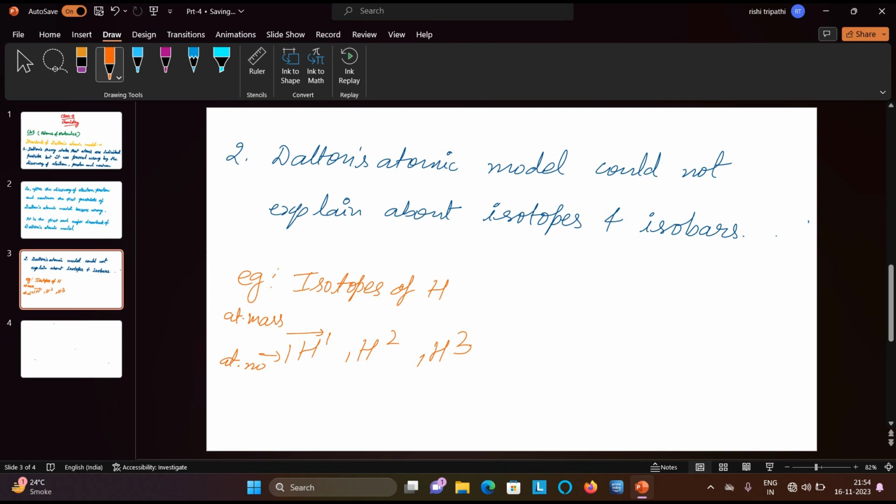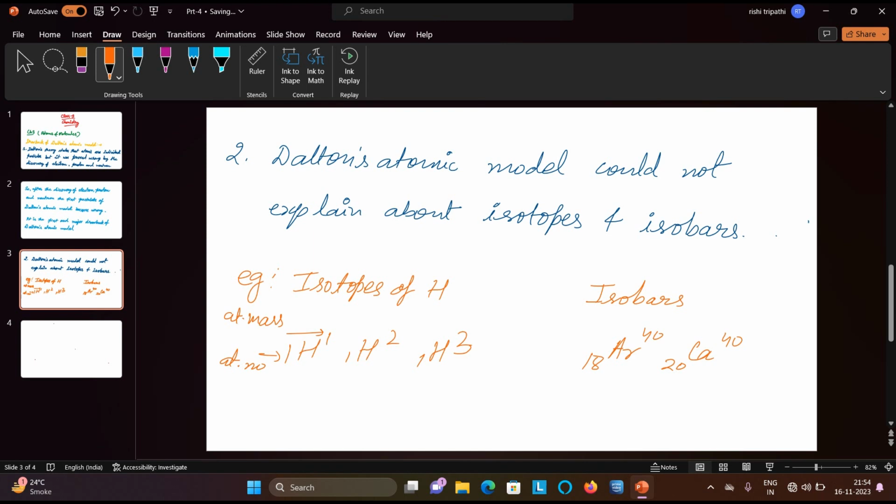And if you consider these isobars, argon and calcium, which are 18Ar40 and 20Ca40, these two are different elements, but atoms of different elements have the same mass here, which is 40 and 40.